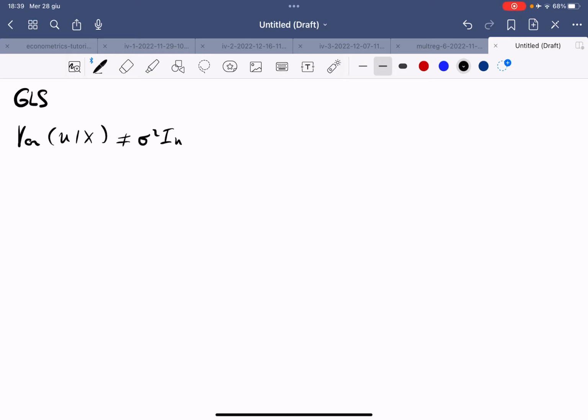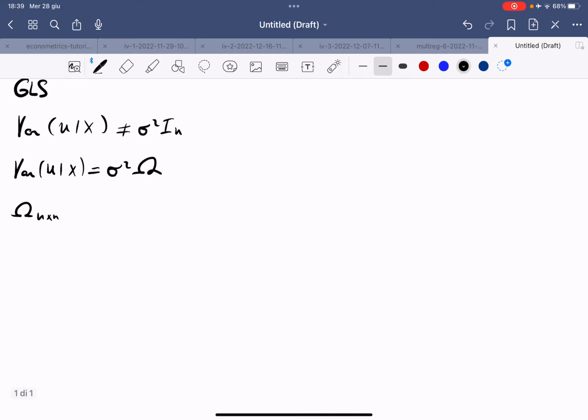So the case we are dealing with is that the variance of u given x is equal to sigma squared multiplied by a square matrix, omega. Omega is an n by n symmetric and positive definite matrix.